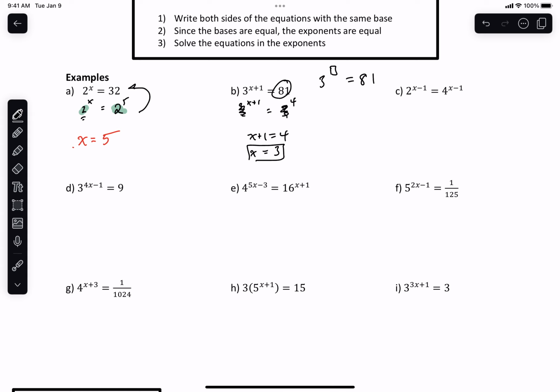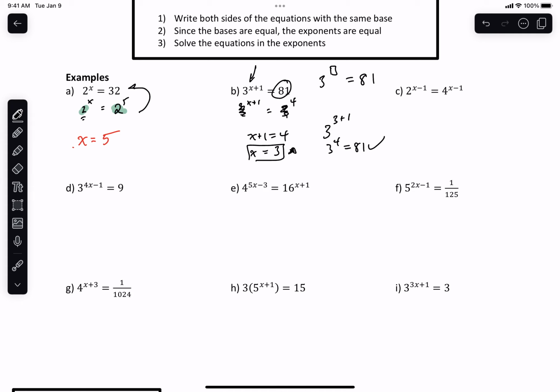If I put my answer of 3 into the left side, I should get 81. So 3 to the power of 3 plus 1 is equal to what? Well, that's 3 to the power of 4. That equals 81. Okay? Everyone okay so far?